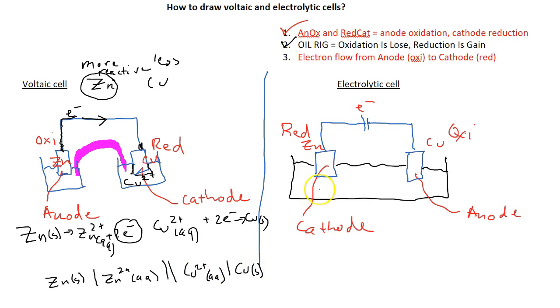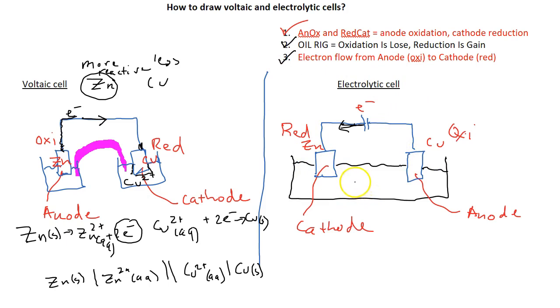Electrolytic cells. Slightly different story because now your anode and cathode have got to switch around, because you force it to happen by giving it electrical power to drive electrons this way. Again, electrons are still going from anode to cathode. Rule number 3, flow from anode to cathode, right?